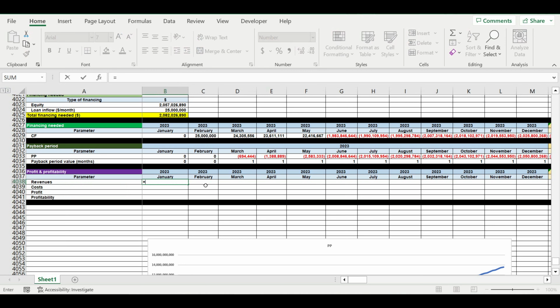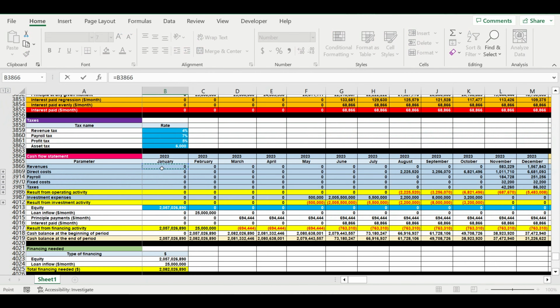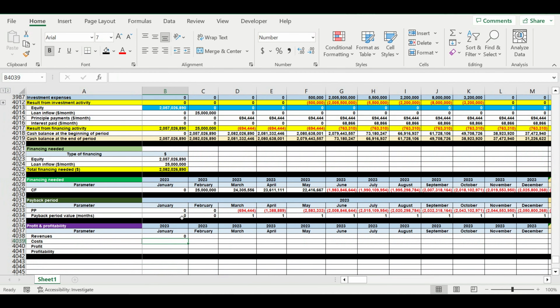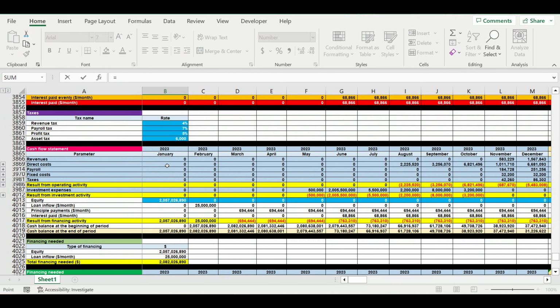First of all, let's go to the cash flow statement and map the revenues from this line. Then we are taking the costs. The costs will be direct costs plus payroll plus fixed costs plus taxes plus principal payments plus interest payments. So we are not taking into account the fundamental investment expenses.